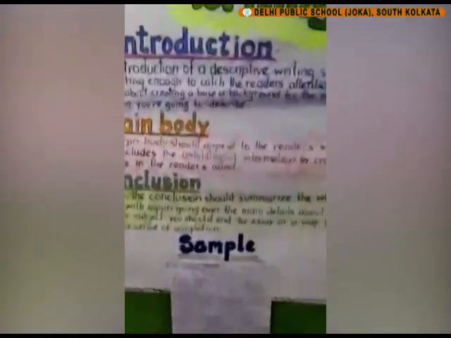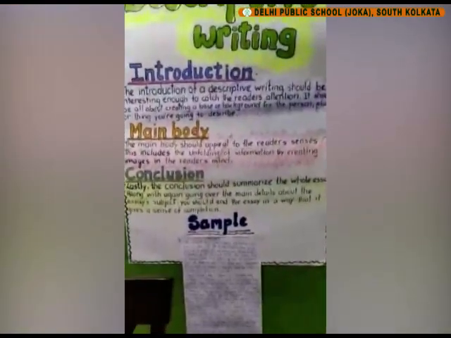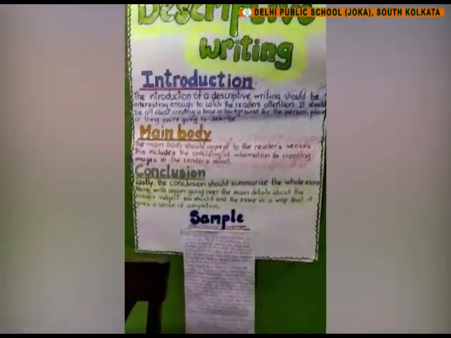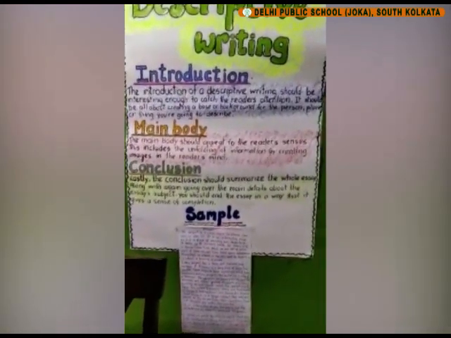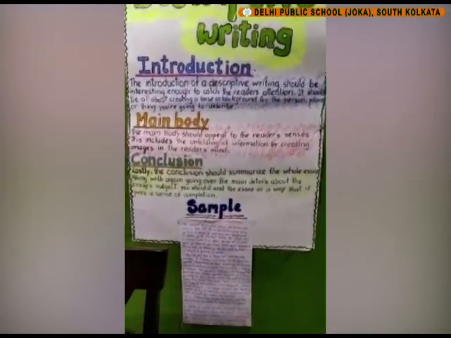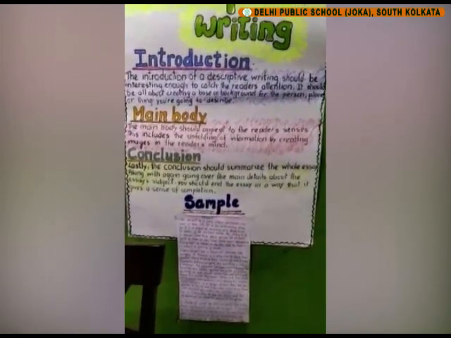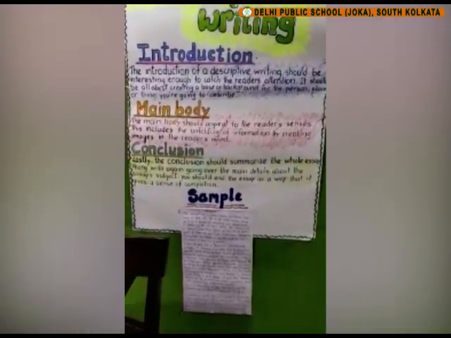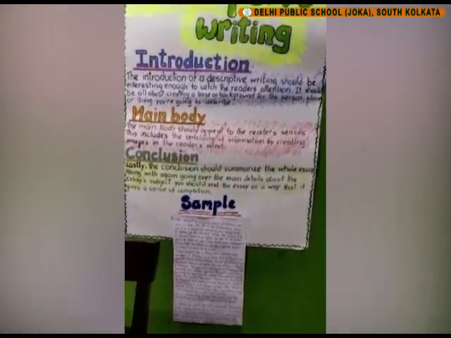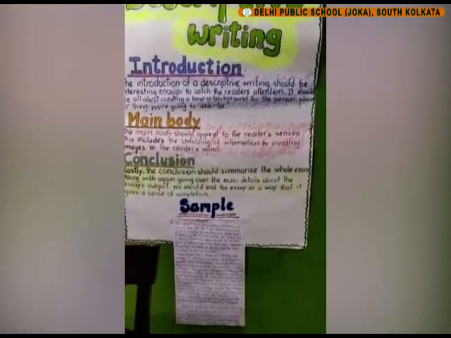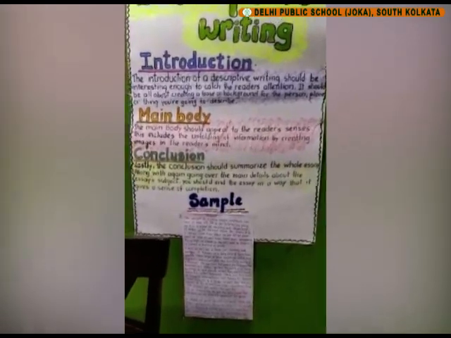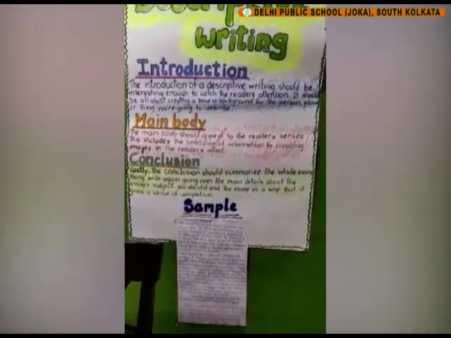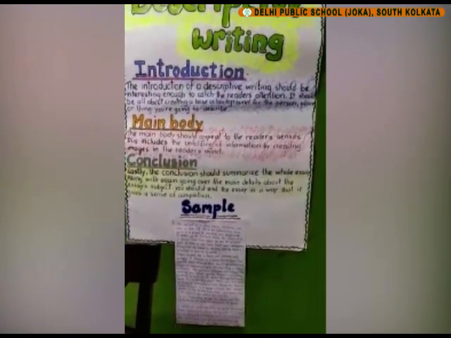Introduction. The introduction of a descriptive writing should be interesting enough to catch the reader's attention. It should be all about creating a base or a background for the person, place or thing that you're going to describe. So the introduction should be catchy and interesting so that it can grasp the reader's attention.